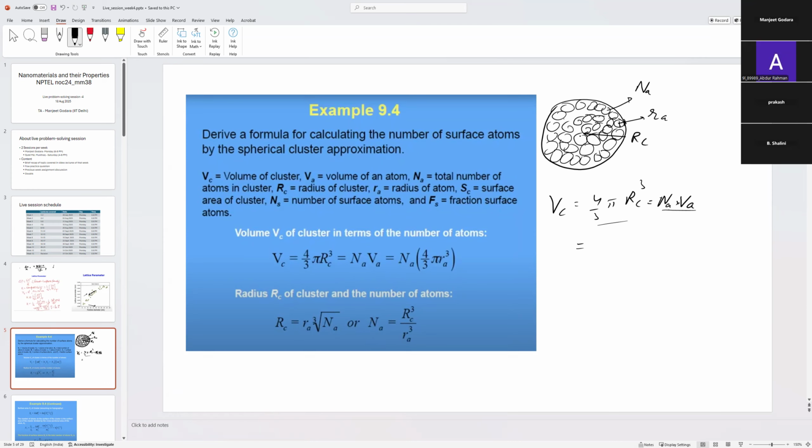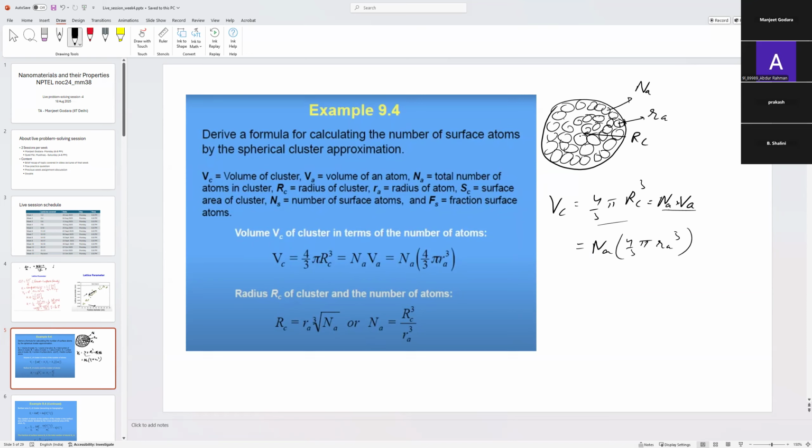Now for your Va term, again you write these spherical particles, so 4 by 3 pi RA cubed.